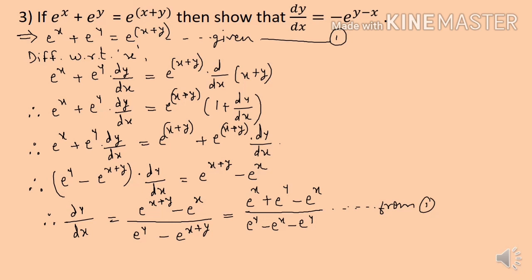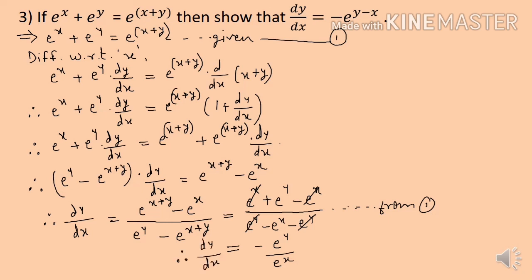So what will you get here? Now here e raised to x and minus e raised to x gets cancelled, and in the denominator e raised to y and minus e raised to y gets cancelled. So you will get minus of e raised to y upon e raised to x. That is your dy by dx.